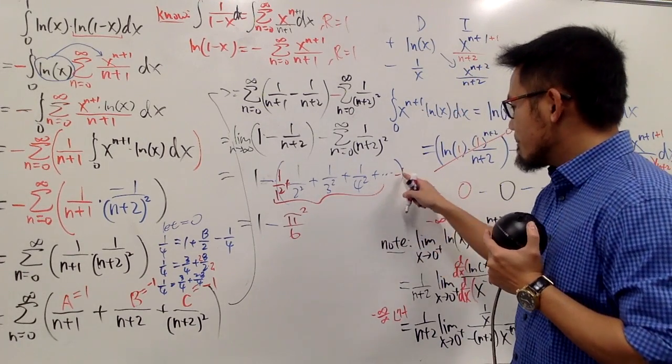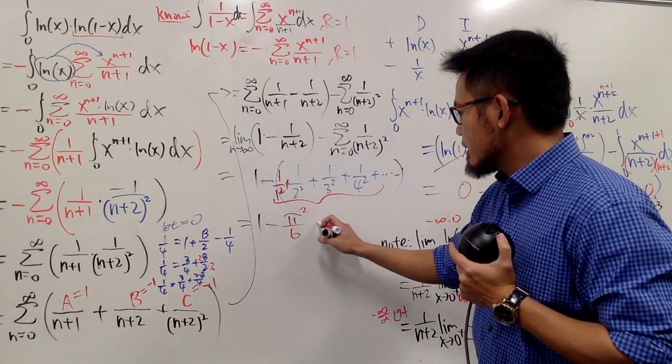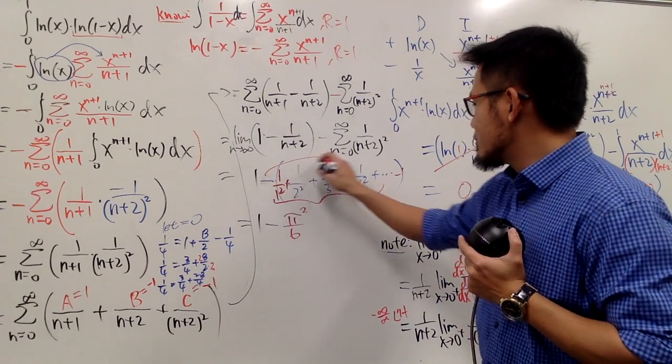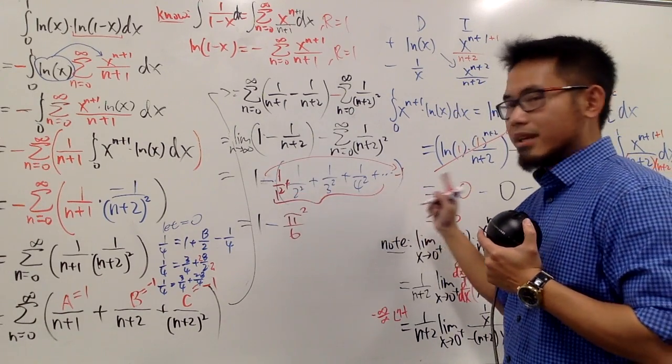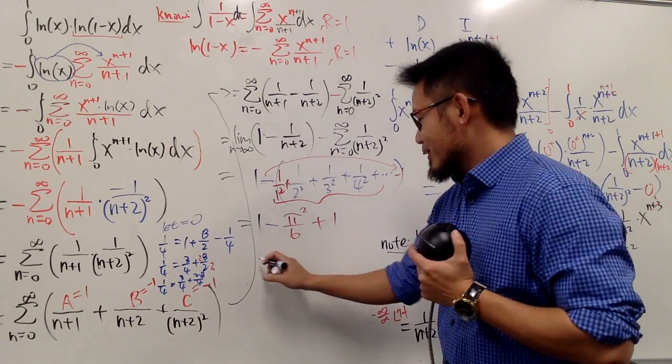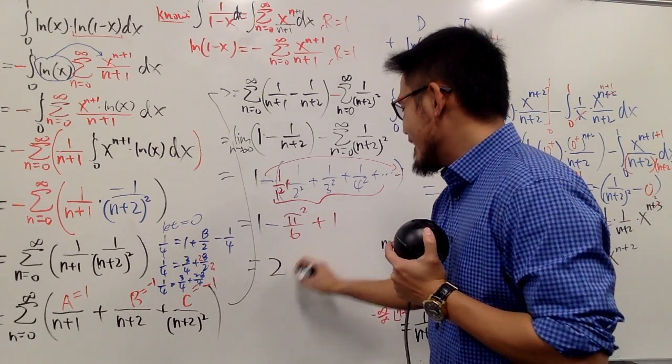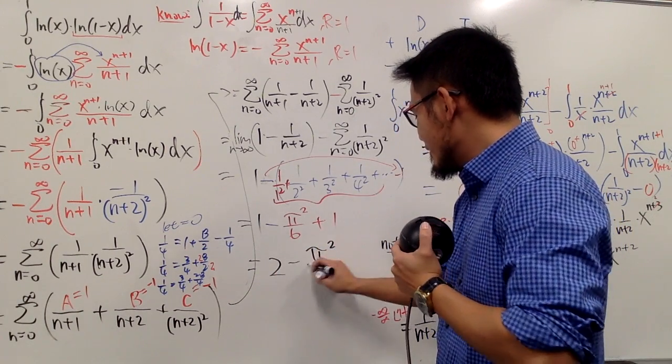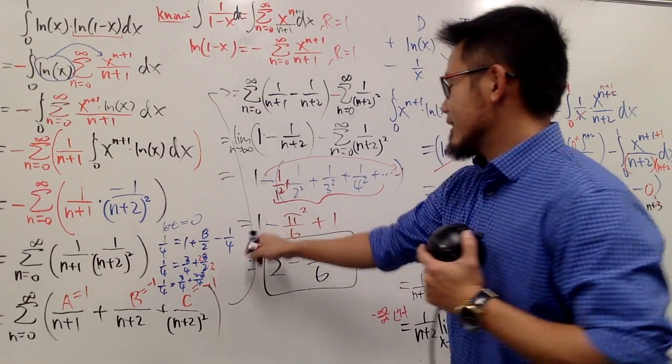But in the end here, I minus the 1. So don't forget you distribute, okay? Because I did this and that in the parentheses. So it becomes plus 1. Okay, another interesting part. Look, 1 plus 1 is 2. And then minus pi squared over 6. Done.